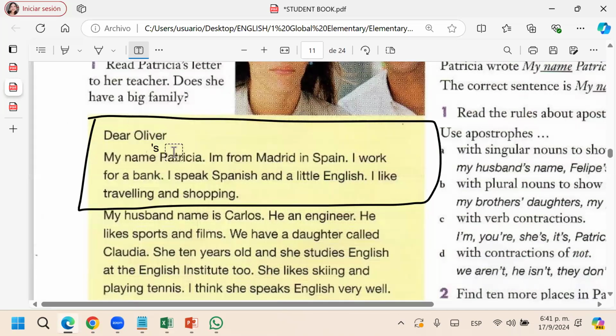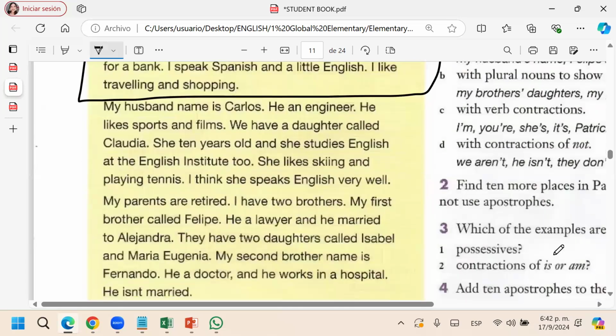But this is not for possession. This is the verb be. My name is Patricia. Another thing. I'm from Madrid here. I'm from Madrid in Spain. Yes. Let's see the second.